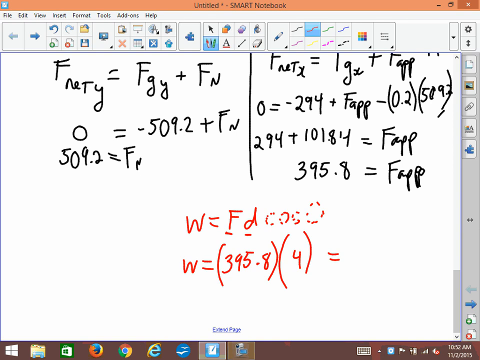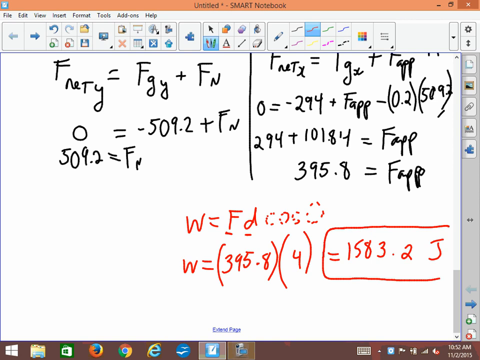So when you multiply that, 4 8s are 32, 4 5s are 20, 4 9s are 36, and 2 is 8, 4 3s are 12. Is that right? Oops. I haven't had lunch yet, that's why. My brain is losing its sugar. 1583.2-ish. That's the joules of work done.